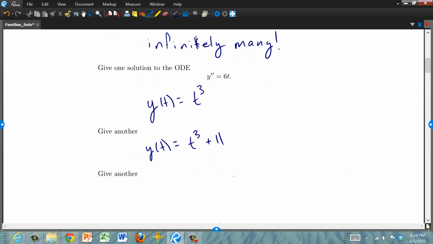And in fact, there are other kinds of solutions. So y of t equals t cubed, that's the part that'll matter, plus 4t, right? This linear term will be gone as soon as I take two derivatives, plus any constant I like, that's another solution. So I can add on any linear term I like and any constant term I like, and I'll still get a solution to the differential equation.